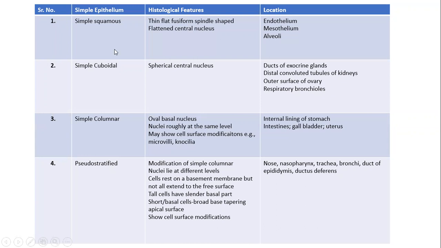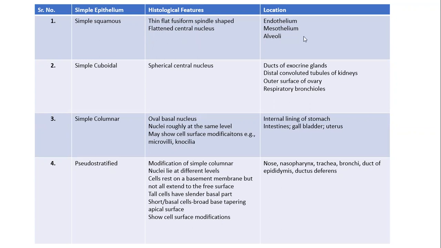Simple squamous epithelium, its histological features include a peculiar shape, which involves flat, fusiform, spindle-shaped cells with a central nucleus. So when it comes to drawing, a student is required to draw the simple squamous epithelium by drawing a layer of cells in which the cells have tapering ends, but a bulging center with a flattened central nucleus.